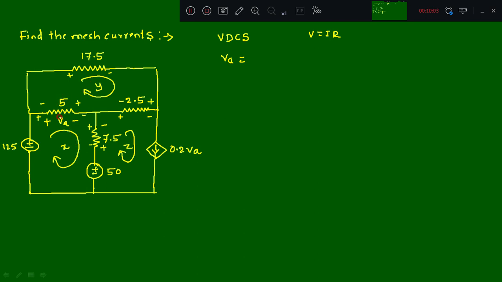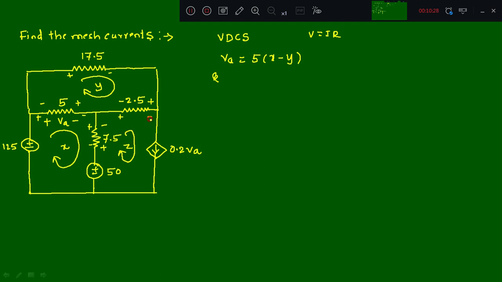But they have mentioned VA higher potential at this end and lower potential at this end. Therefore I must be x minus y. Therefore, VA is equal to 5(x minus y).